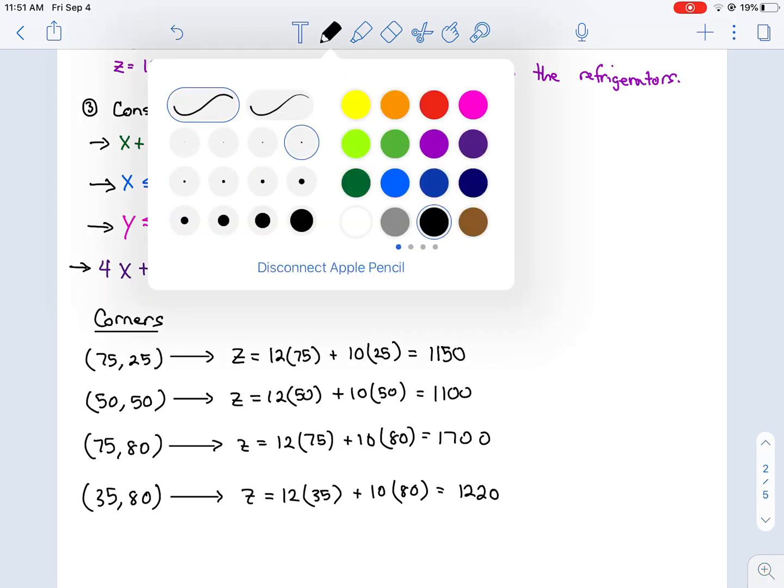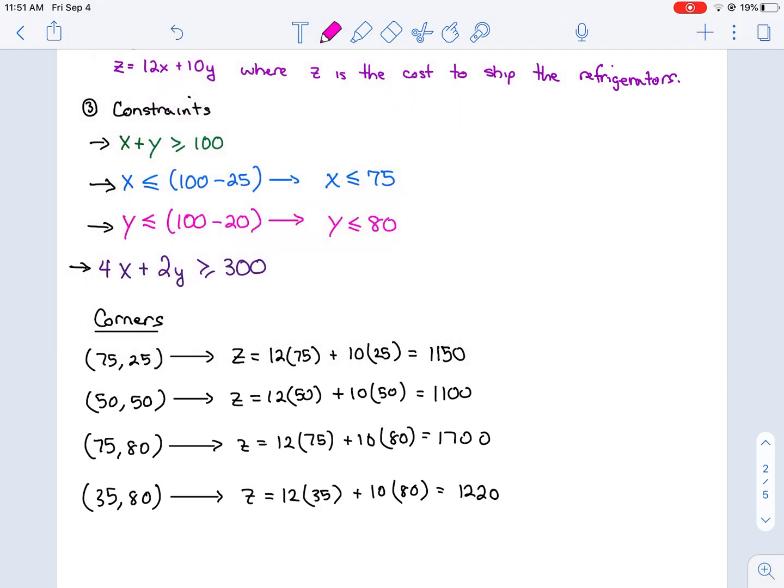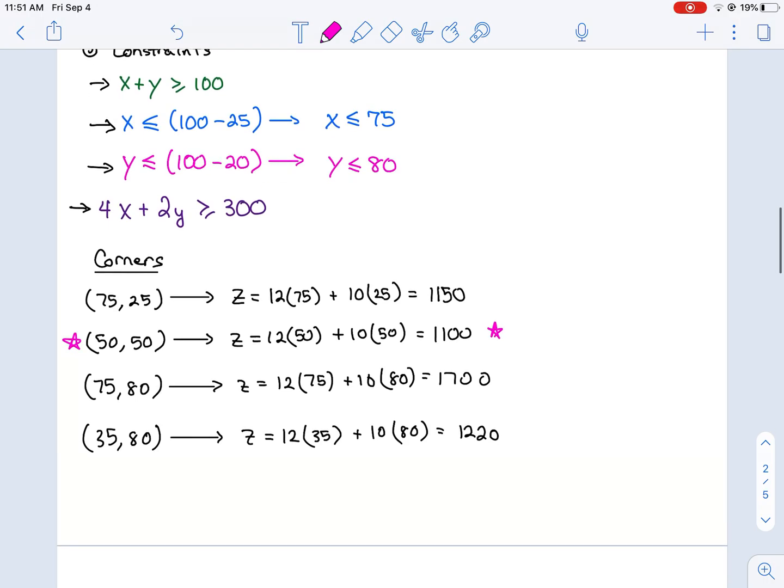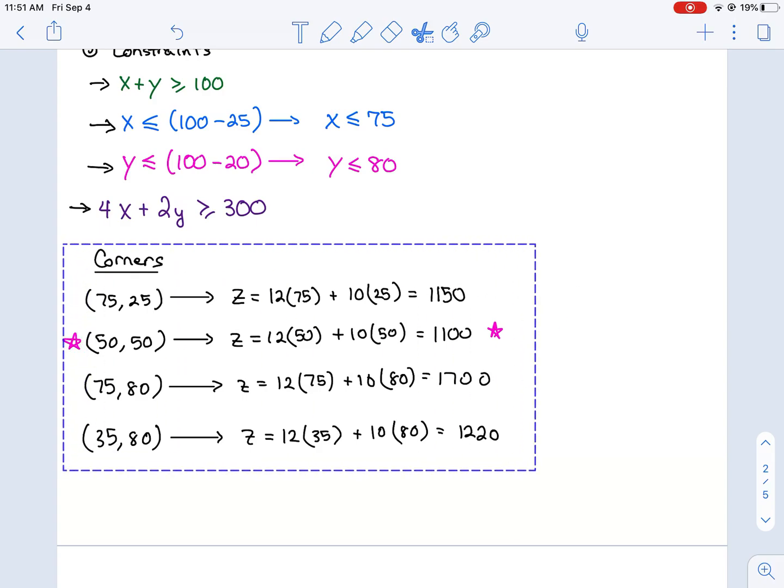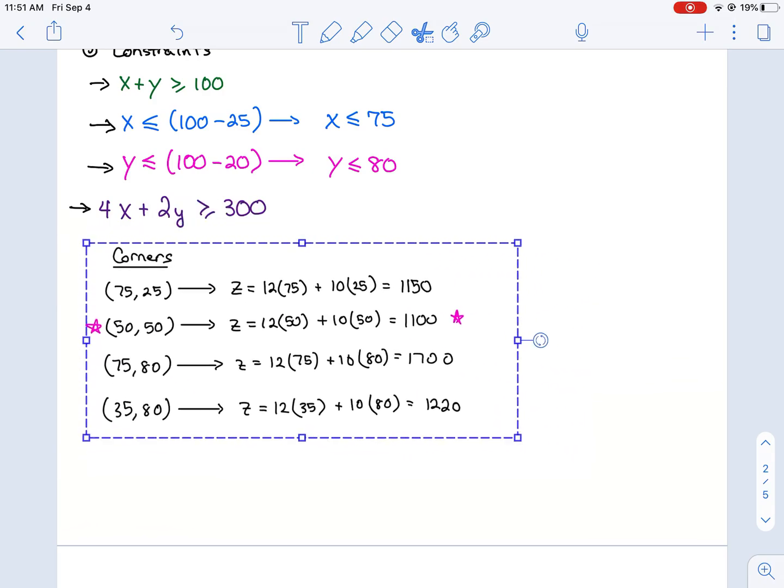Okay, so to minimize the cost, it looks like we're going to ship 50 to warehouse A and 50 to warehouse B. So I'm going to write that as a sentence now.